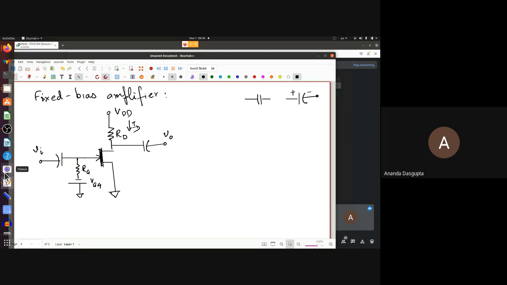So that is how it works. When you say internal impedance, you have to be careful. If it is the ideal voltage source, its internal impedance is 0, so it has to be replaced by a short. If it is non-ideal, it has to be replaced by its internal resistance. If it's an ideal current source, then its internal impedance is infinity, and it has to be replaced by an open circuit.